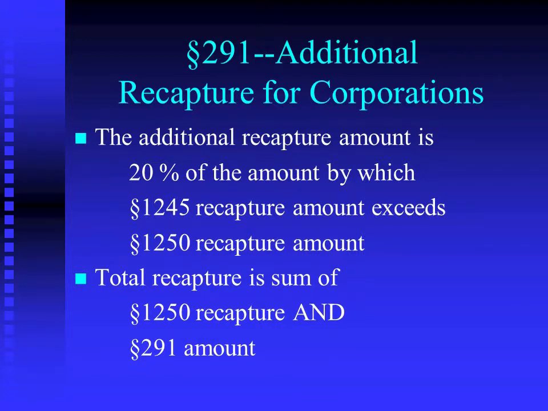It's not as strenuous as the equipment rule because it's not 100% of the gain. It's 20% of the total depreciation that has not been recaptured through the 1250 rule. All right, so I'll just leave that to digest in your back brain. We will not cover it formally in class. You will not see it again once you go by this slide.